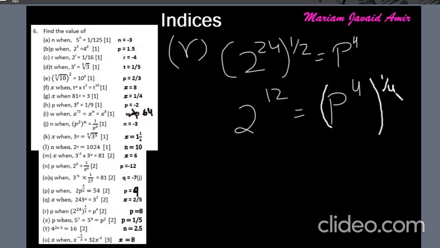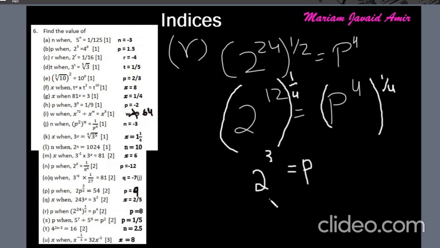So I'll multiply this with power 1 by 4. So I'll also have to multiply this with power 1 by 4. So this becomes 2 power 3 equals P, which gives me P equals 8. P equals 8. Alright.